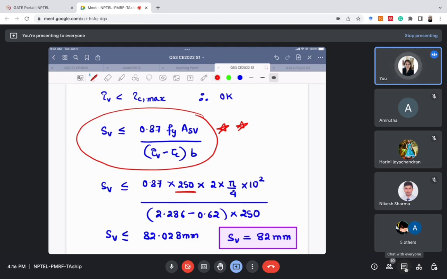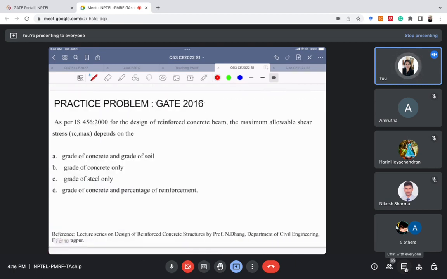A similar question from another GATE year, maybe GATE 2016, is this. As per IS 456 2000, for the design of reinforced concrete beam, the maximum allowable shear stress depends on. This question is entirely based on the codal guidelines.